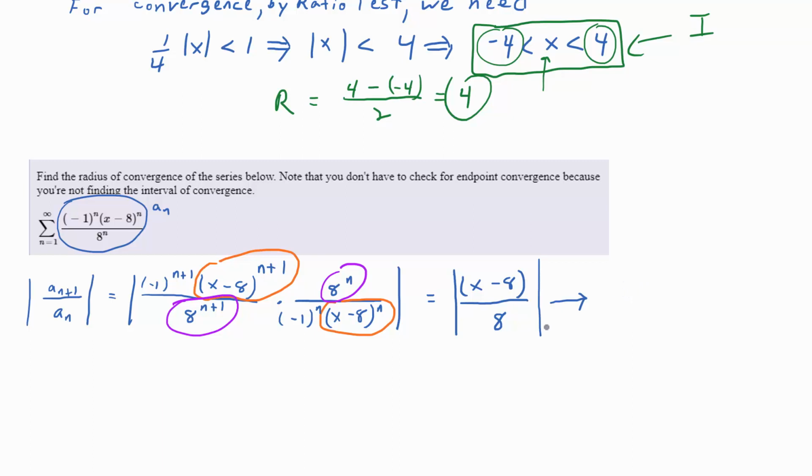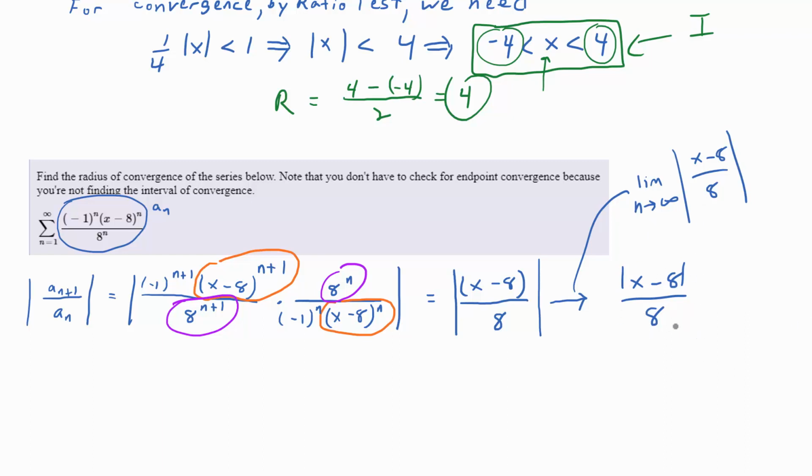And by the way, you could think of it as just all over 8, because you take the absolute value of 8 and you get 8. So this is kind of a silly step, actually, when there's no n's there. But what we really did right there was we took the limit as n goes to infinity of the absolute value of x minus 8 over 8. And of course, it's just the absolute value of x minus 8 over 8.